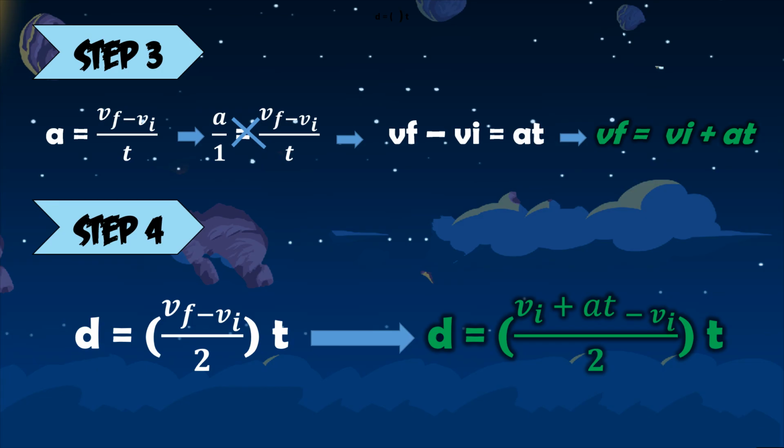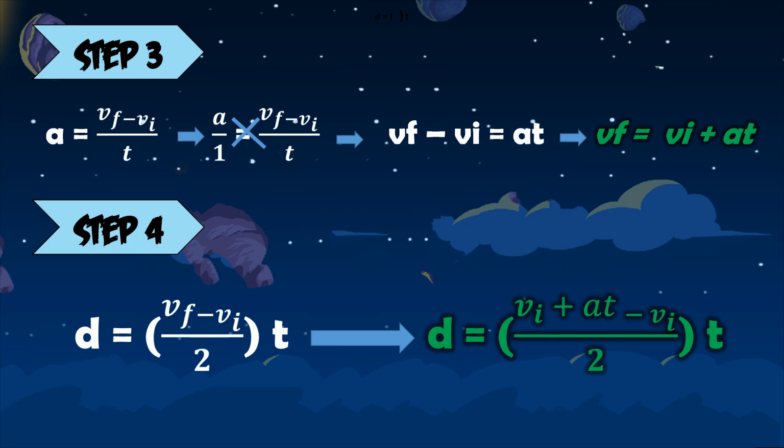A times t is equal to final velocity minus initial velocity. Arranging the formula will give us final velocity is equal to initial velocity plus acceleration times time. Step 4. The formula will be substituted to our bigger formula.